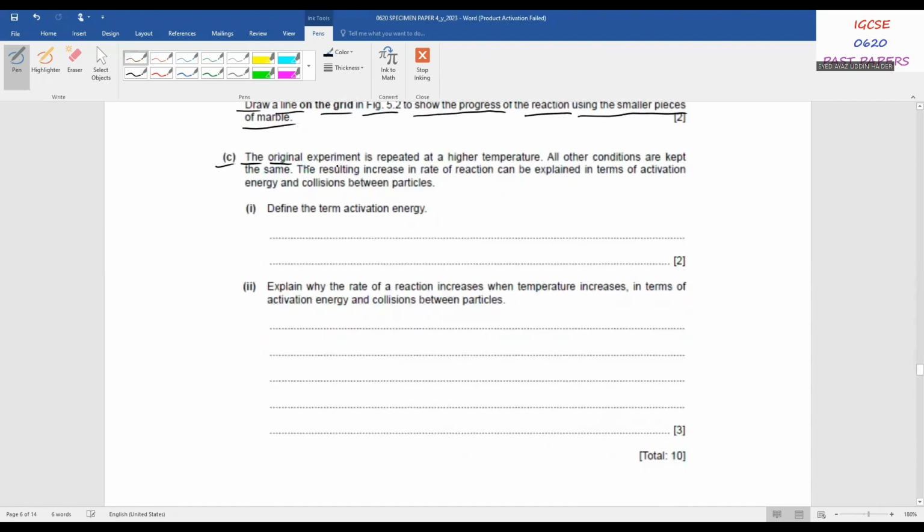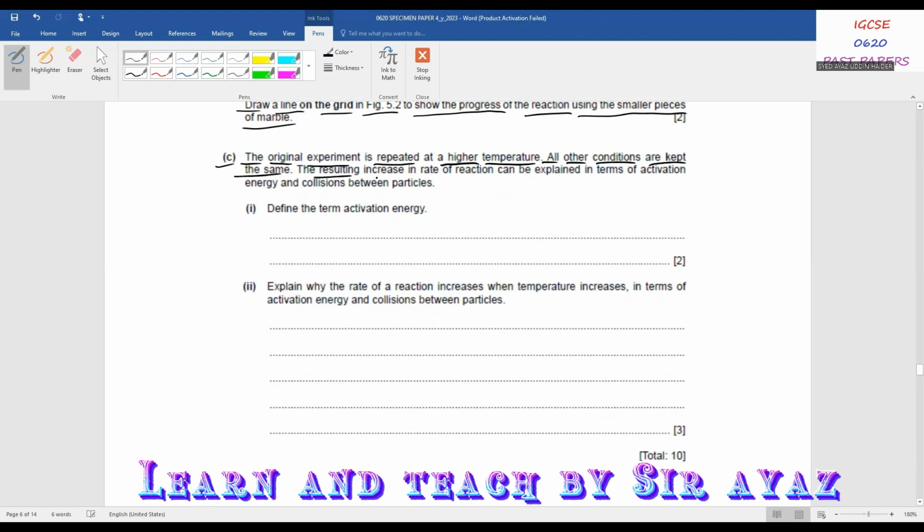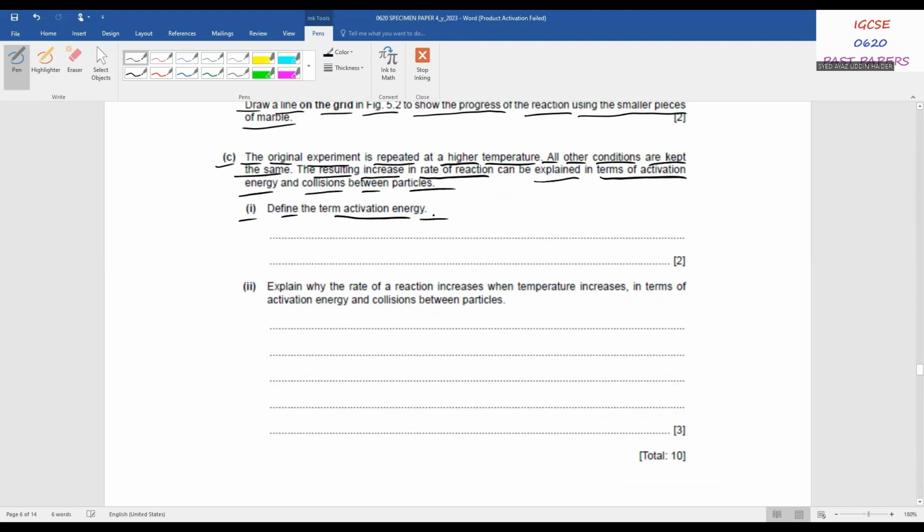C, the original experiment is repeated at a higher temperature. All other conditions are kept the same. The resulting increase in rate of reaction can be explained in terms of activation energy and collisions between particles. Define the term activation energy. It's the minimum energy required to activate the reacting particles.